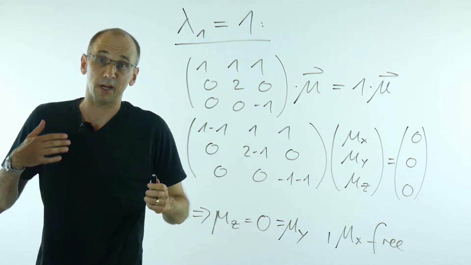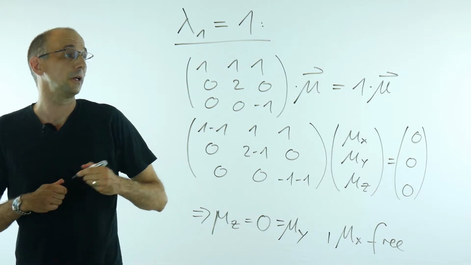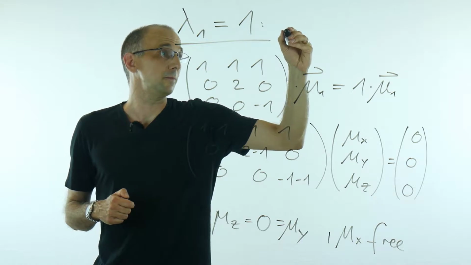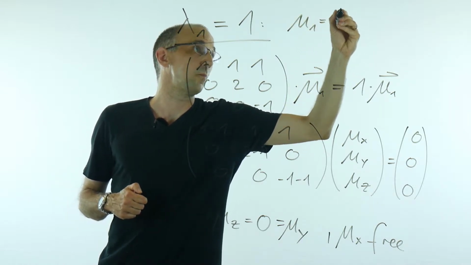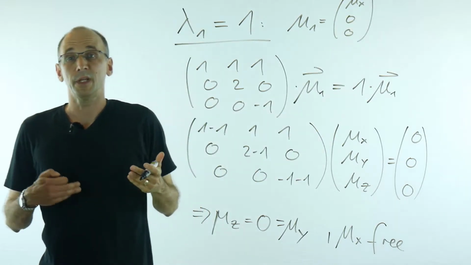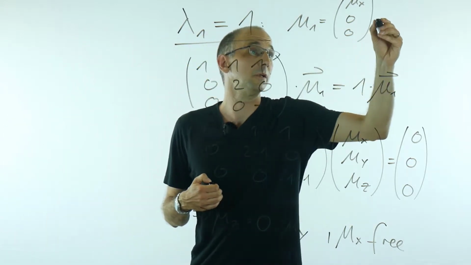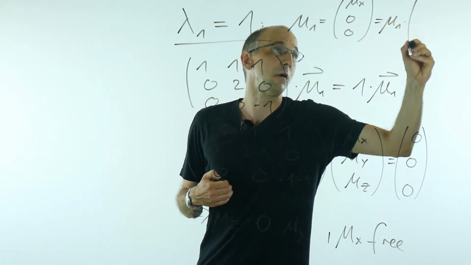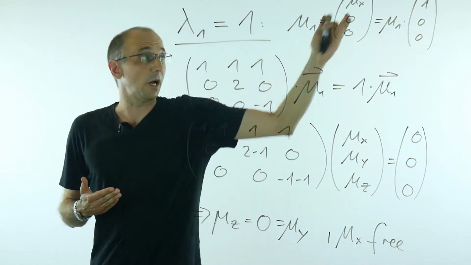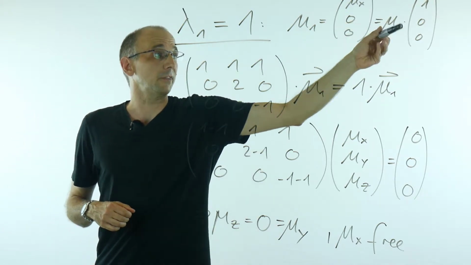Here my mu x is my free parameter, and the solution in the end for this first eigenvector will be either mu x, 0, 0, and mu x is your degree of freedom, or if you want to normalize the vector and you want to keep the length separate, you can write it like this.